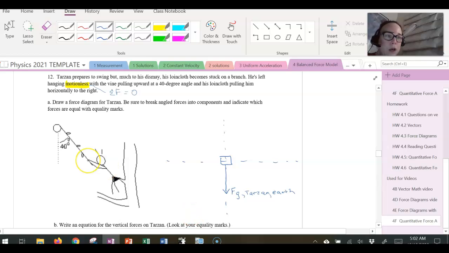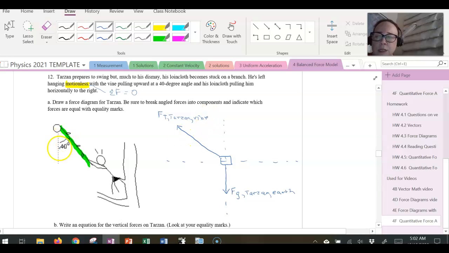I see him holding on to a vine, and so this vine is exerting a tension force on Tarzan, and remember, tension force is always along the rope or cable or vine or whatever. And so there's a tension force being exerted on Tarzan by the vine.